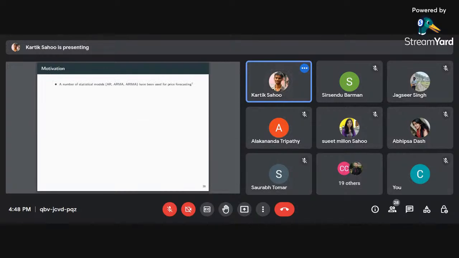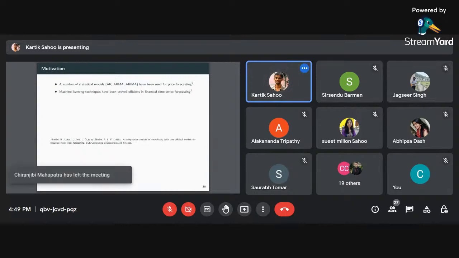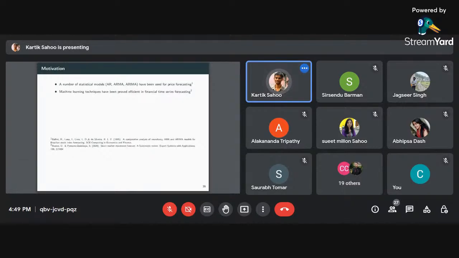So how did this research come about? The motivation is what I find first. A number of statistical models have been used for price forecasting problems, and we can find this in this paper. Similarly, machine learning techniques have been used efficiently for financial time series forecasting problems.